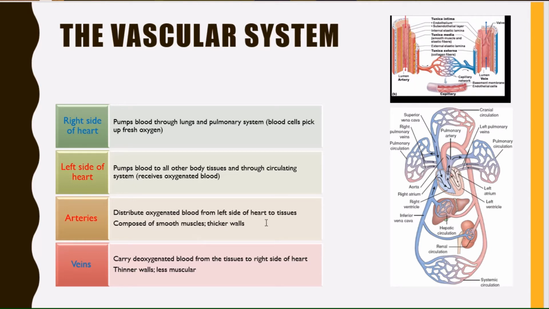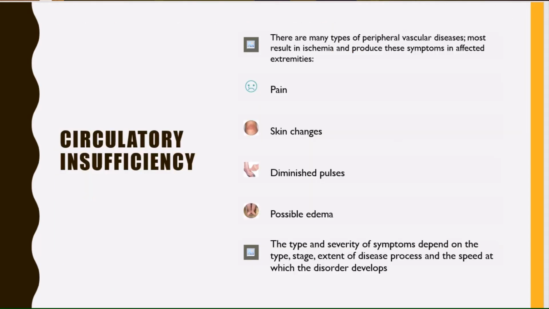So we'll be looking at circulatory insufficiency. Circulatory insufficiency or peripheral vascular disease can be of different types. Again, as I said earlier, it could be either arterial disease or venous disease, and most of the time it affects the lower extremity more than the upper extremity.